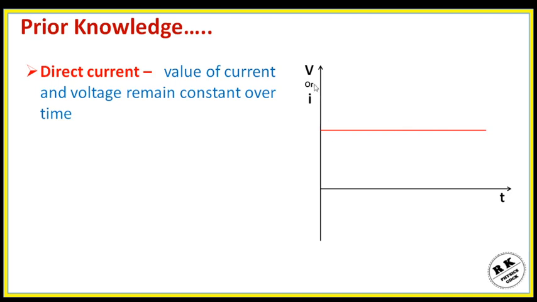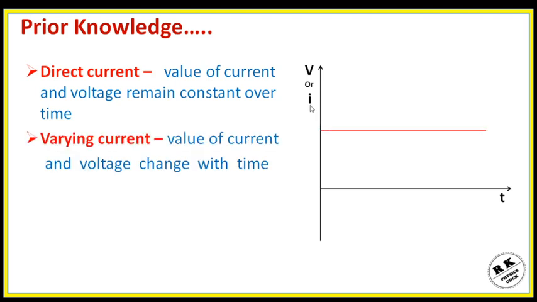Instead, if the values of voltage or current vary with time, then such current is called varying current. The graph can be shown like this. You can observe that the value of voltage and current is increasing in this animation with time.